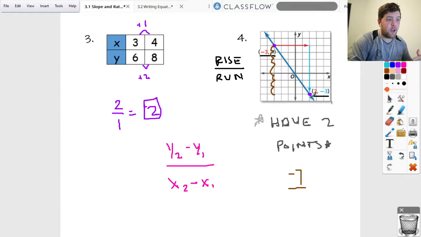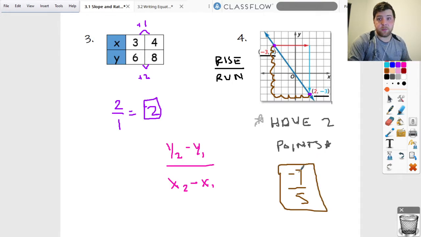Okay, and then my run is left and right. So I'm going to go 1, 2, 3, 4, 5. Okay, because I'm going to the right, moving to the right is where all of my positive numbers are. So the value itself is also going to be positive. So I'm going to have -7 over +5. And that would end up being my slope.